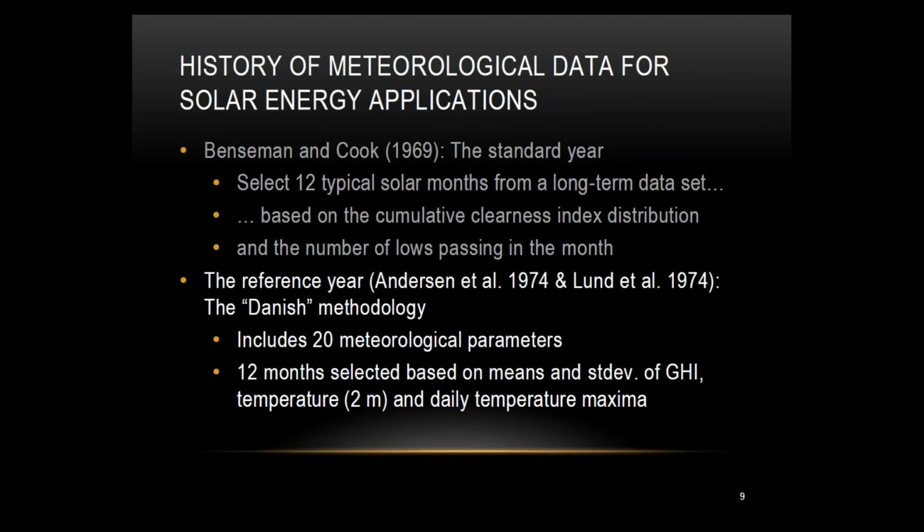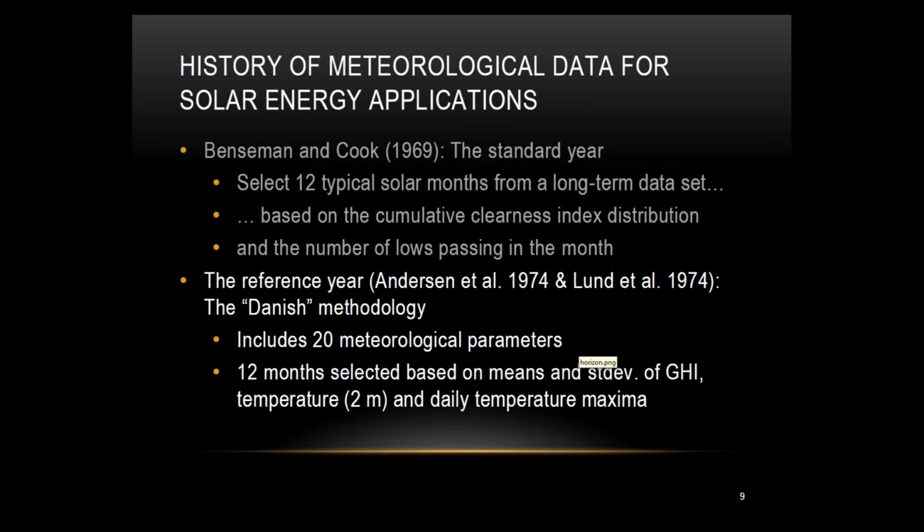The next type of data set that was made in the mid-70s was the reference year. And this is referred to as the Danish meteorological reference year. It's made by Andersen, Lund, scientists at DTU, and other Danish institutions. And it includes, unlike the earlier one, not only solar irradiances, it includes 20 different meteorological parameters.